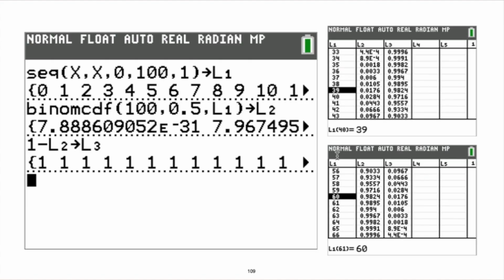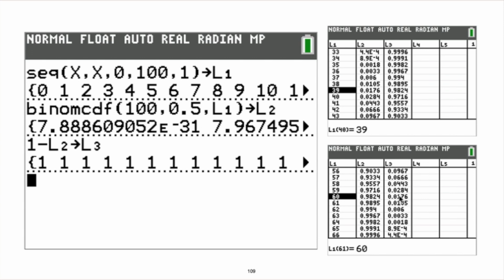All right, so let's go back to this previous slide. Where am I getting that? Well, remember that list 2 has the binomial CDF. So this 0.0176 corresponds to the probability that X tot is less than or equal to 39. Down here in the lower right panel, looking at list 3, again I see 0.0176.